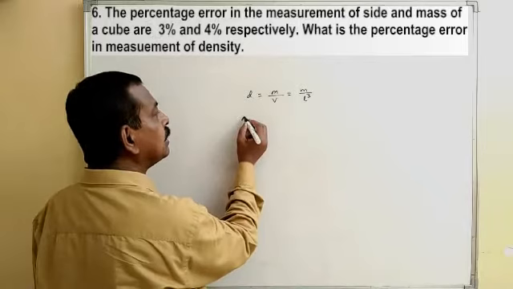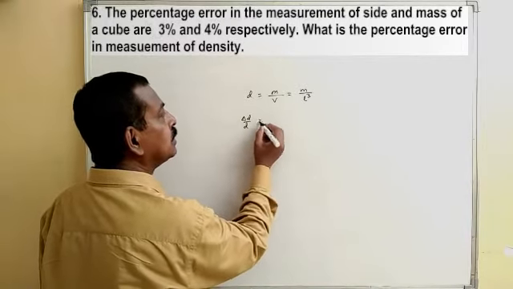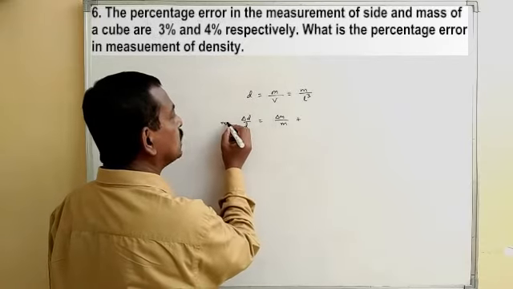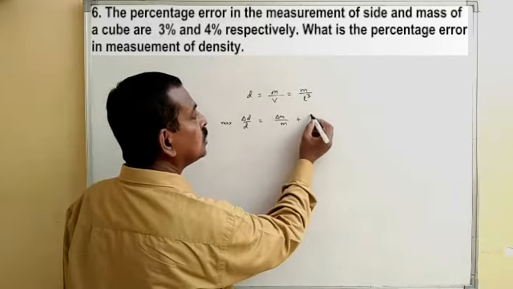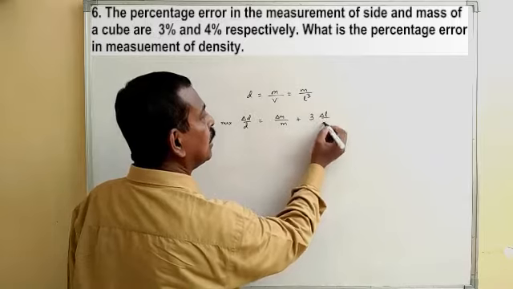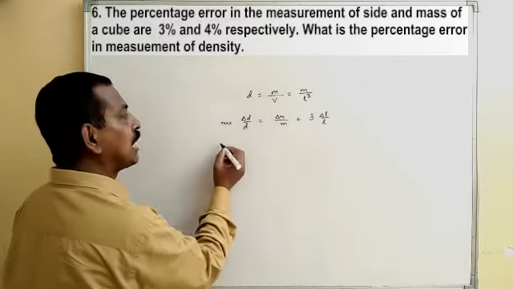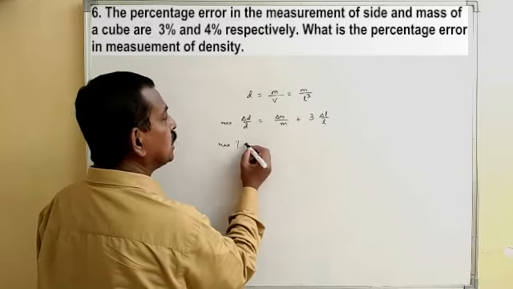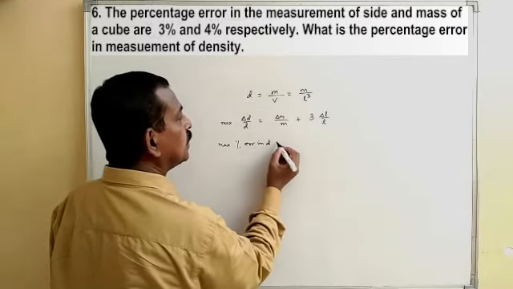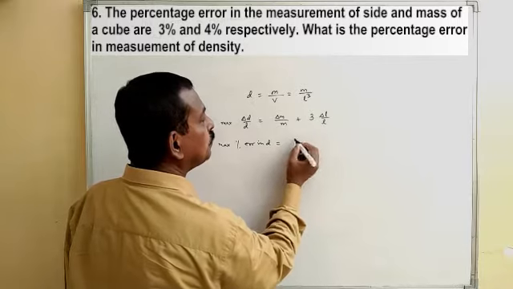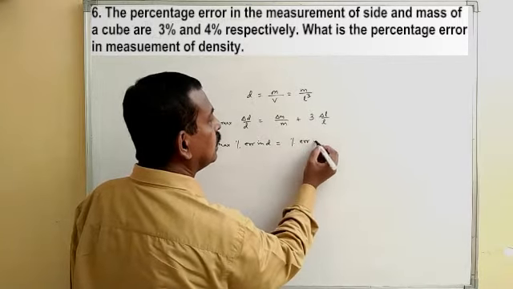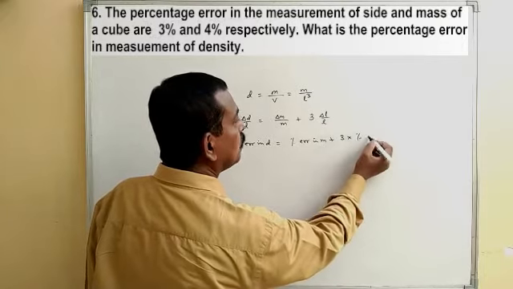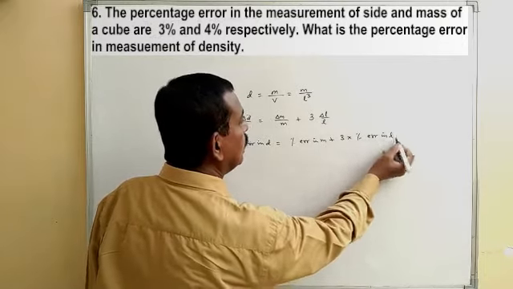So delta D by D is delta M by M, plus, this is the maximum, 3 times delta L by L. And the maximum percentage error in D will be the percentage error in M plus 3 times the percentage error in L.